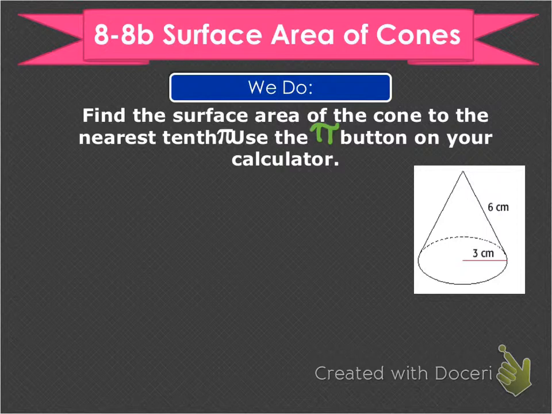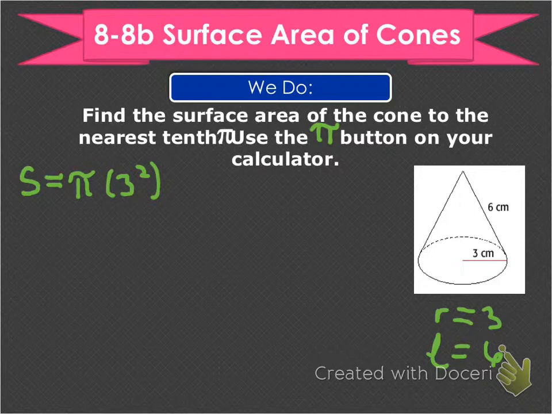Okay, so we know that our radius right here is 3 and our slant height is given as 6. So if you remember, that formula is surface area equals pi times the radius squared, which is 3 squared, plus pi times that radius times the slant height, which is 6.